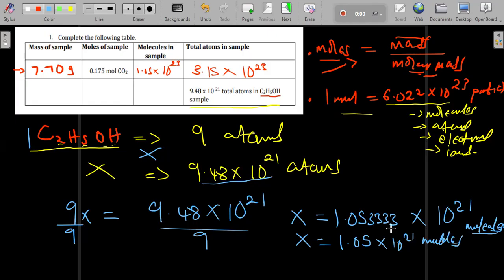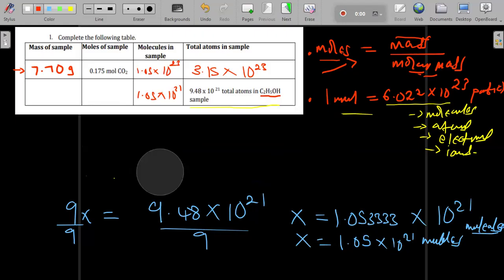So this is the value that I'm going to write here in the molecules column: 1.05 times 10 to the power 21 molecules of C2H5OH.